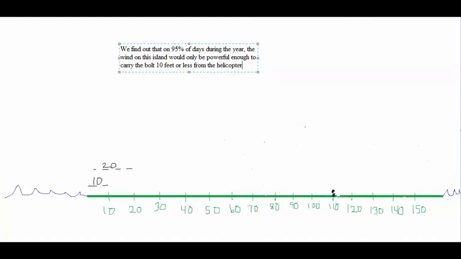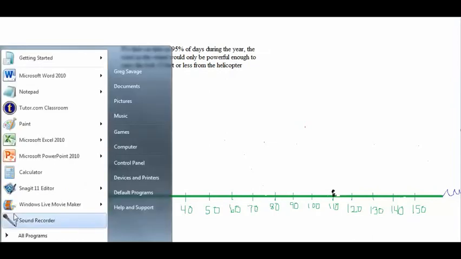And how many days would that be? Well, to find out, we would have to multiply. We would have to turn 95% to a decimal and multiply 0.95 times 365, since there's 365 days during the year.